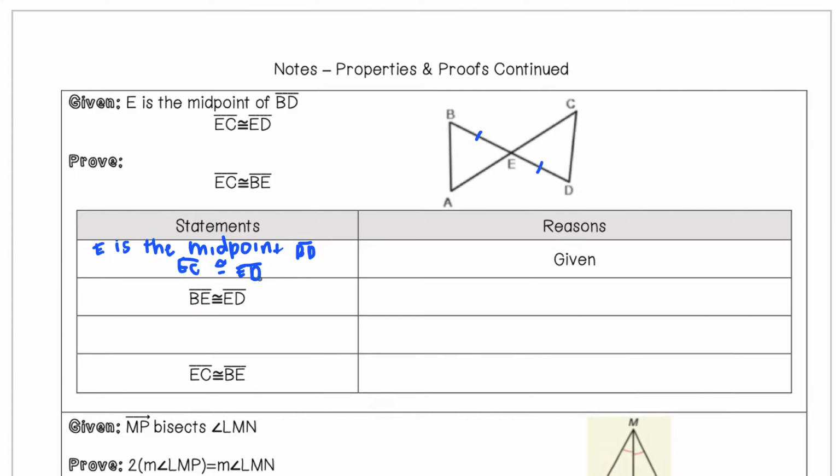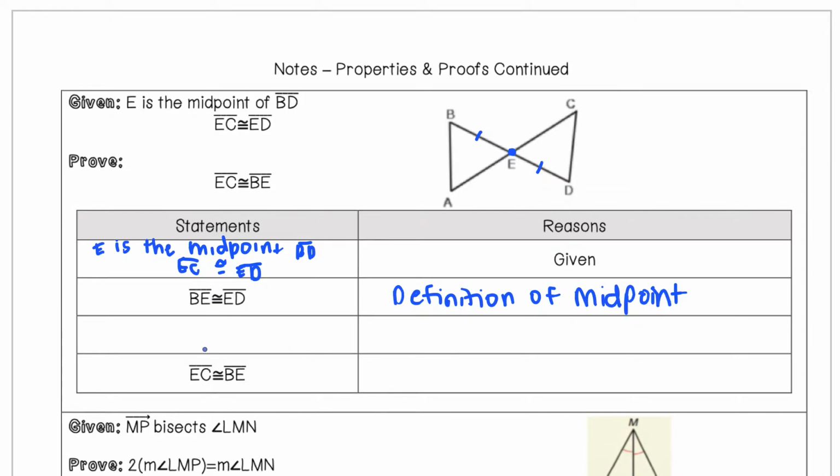Those two segments are being said to be congruent, and if we think back to what our given information said the line above, we were told that E is the midpoint of the segment BD. So the reason that those two segments would be congruent is just because of the definition of midpoint. Remember, a reason can be any postulate or definition that we've seen already. That's one we've learned, and we're going to use that.